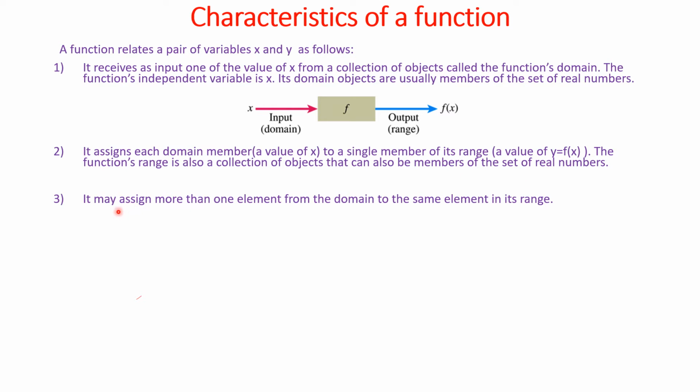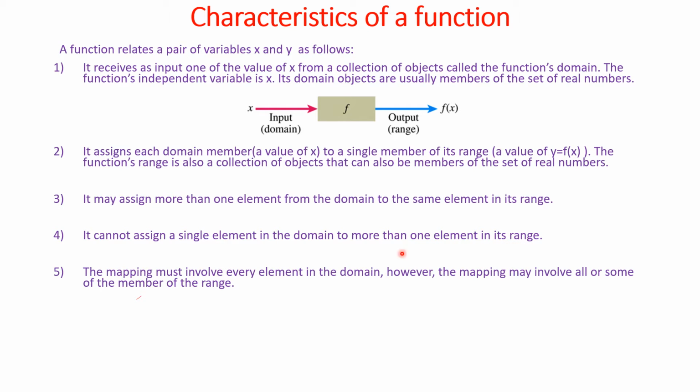The function may assign more than one element from the domain to the same element in the range. A function cannot assign a single element in the domain to more than one element in the range. The mapping must involve every element in the domain. However, the mapping may involve all or some of the elements in the range.